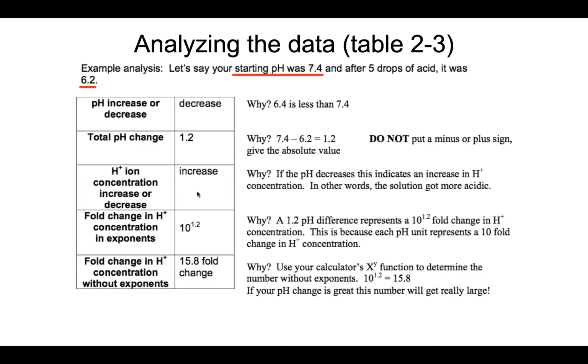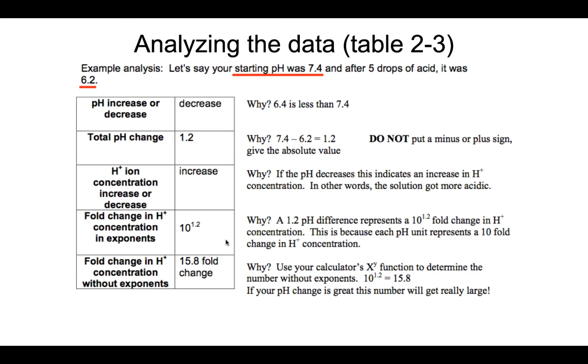Did the hydrogen ion concentration increase or decrease? Well, remember, if the pH decreases, that means the hydrogen ion concentration increased, because there's that inverted relationship. Now, if you want to figure out the fold change in hydrogen ion concentration, every 1 unit of pH change is a 10-fold difference.